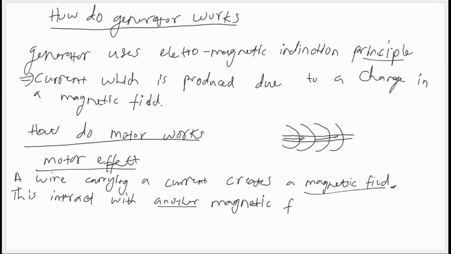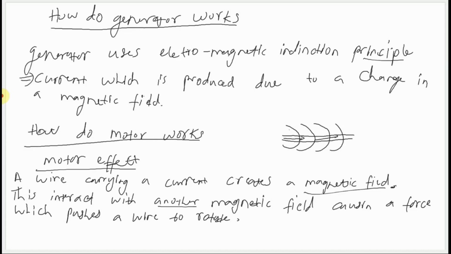This causes a force which pushes the wire to rotate. So that is the motor effect. A wire which has a current has a magnetic field.